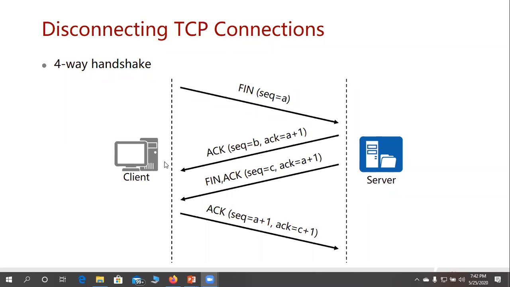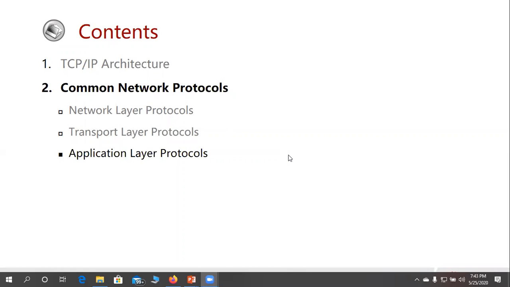And then the server will send another message called FIN-ACK, where the sequence will be C, and the acknowledgement will be A plus 1. And then finally, the client will send an acknowledgement where the sequence will be A plus 1 and the ACK will be C plus 1. So this is how these two are going to end the communication.